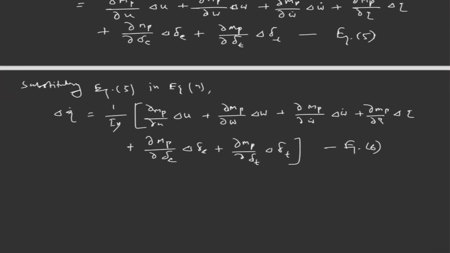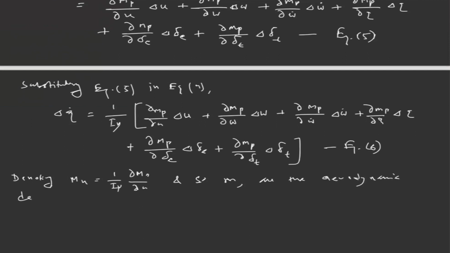Now denoting mu as 1 upon IY del M by del U, and so on, which are basically the aerodynamic derivatives divided by IY.